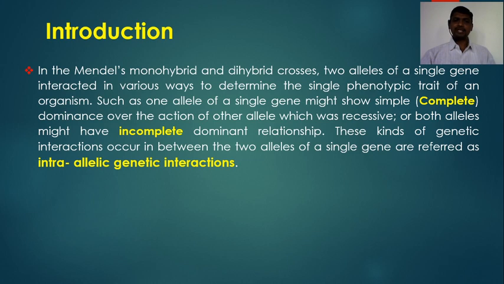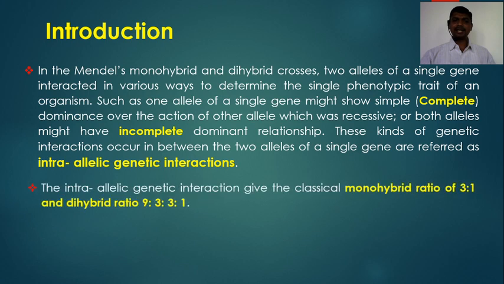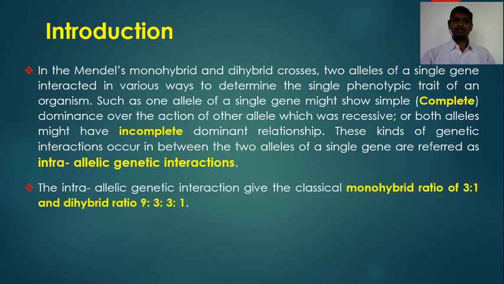As a result of intra-allelic genetic interaction, it gives the classical monohybrid ratio of 3:1 and a dihybrid ratio of 9:3:3:1, which we saw in the previous chapter.